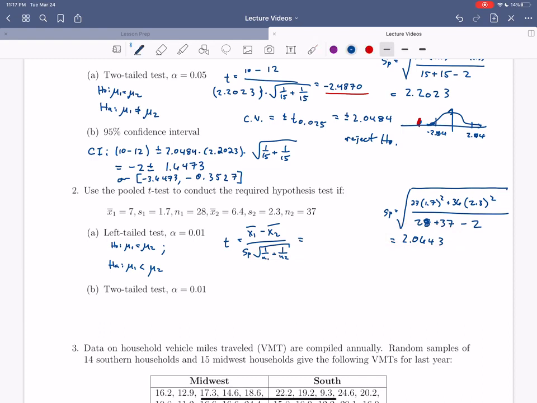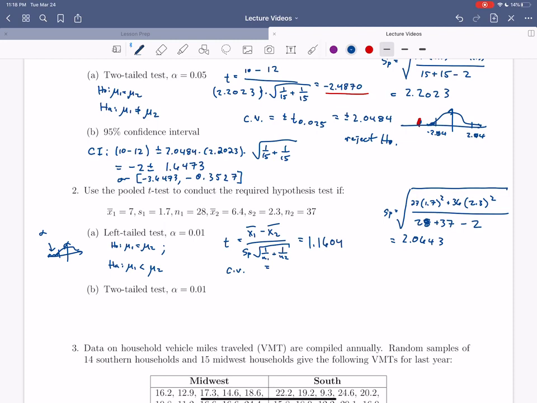It turns out what you're going to get for your test statistic t is 1.1604. Your critical value, if you think about the left-tailed test, is going to be the value where to the left you want an area of alpha, and so this is going to have a negative value. So this already tells you that we are not going to reject the null hypothesis.